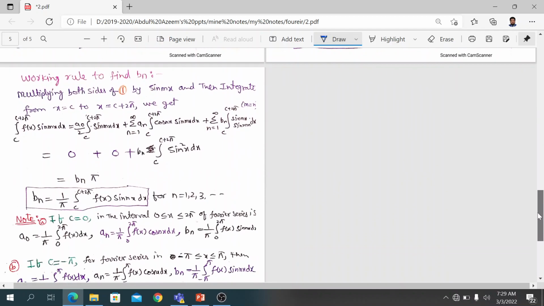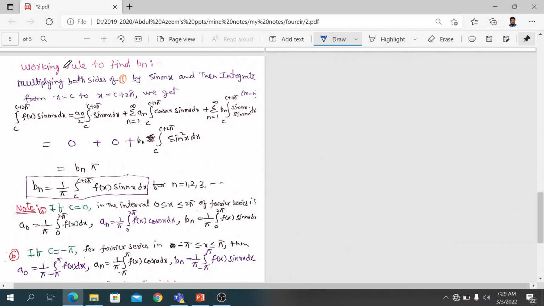Now, the working rule to find bn. What we have to do is multiply both sides of equation 1 by sin mx and then integrate from x is equal to c to x is equal to c plus 2 pi.